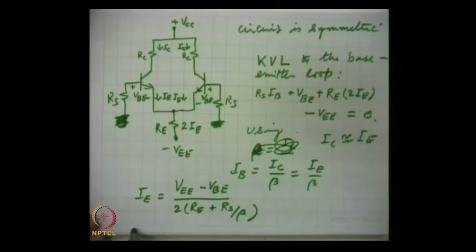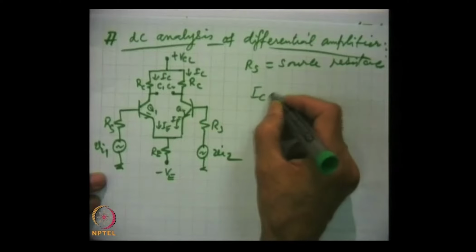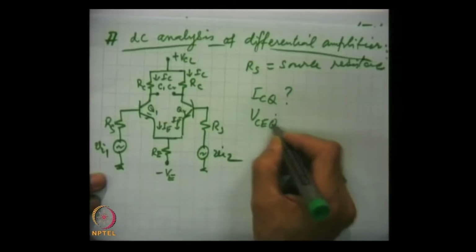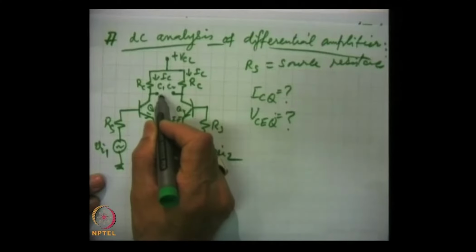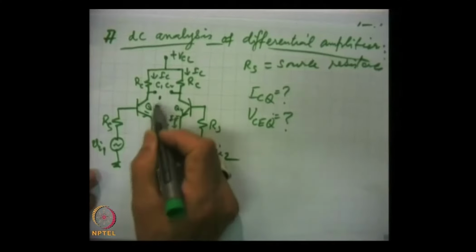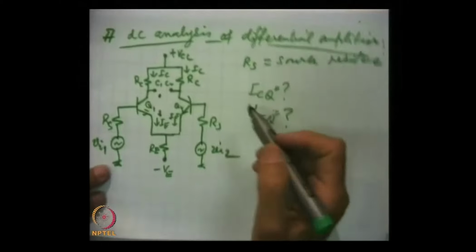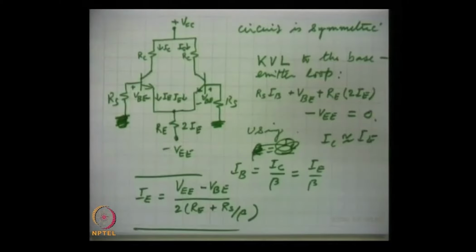This is the expression for, as I said in the beginning, the objective of DC analysis, which was to find out ICQ and VCEQ. What is the value of VCEQ, that is the voltage drop between this and ground, here this voltage. These have to be found, and for the symmetry reason we are doing it only for one transistor.